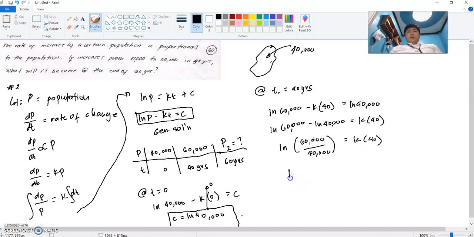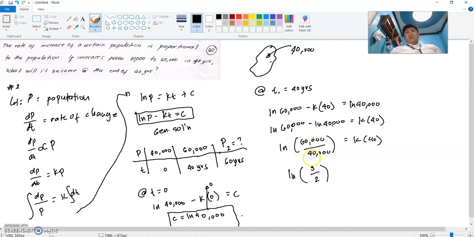Now, we know that ln 60,000 divided by 40,000 is 3 halves, right? So divide it to get 3 halves, or you have the decimal. Much better, don't make it a decimal. If it is not yet the final answer, if possible don't convert to decimal, because it will make a difference. It is better to keep the whole value.